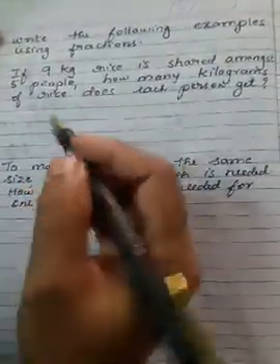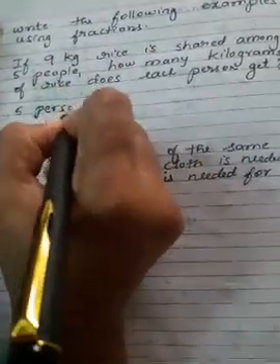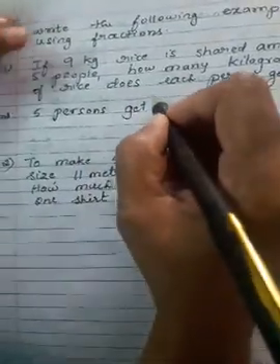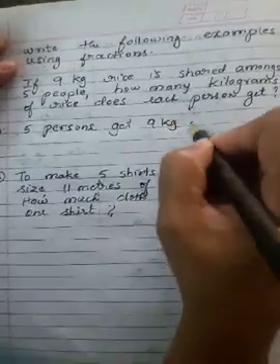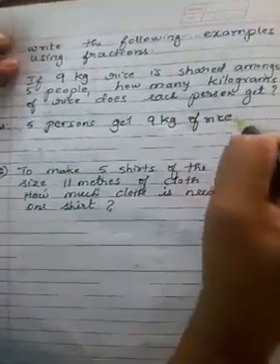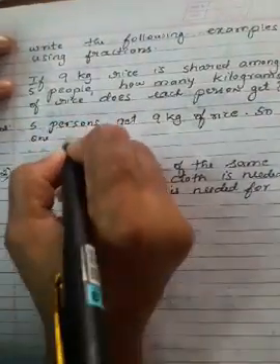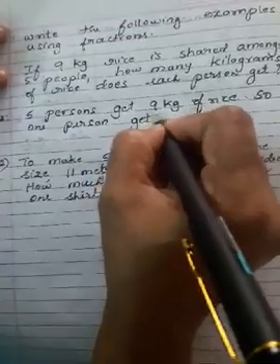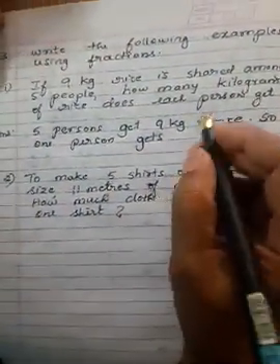So how to write the answer? 5 persons get 9 kg of rice. So one person gets how many kg of rice?